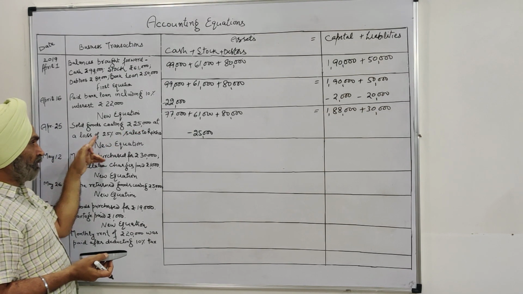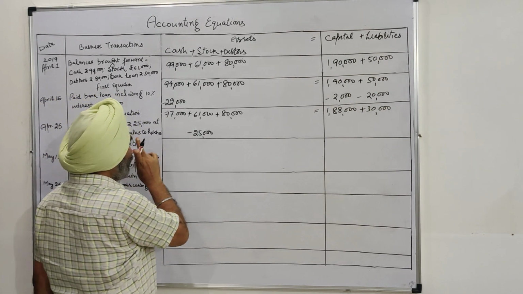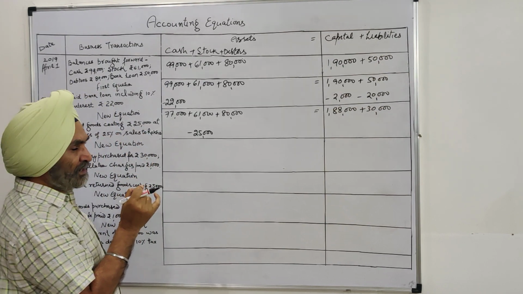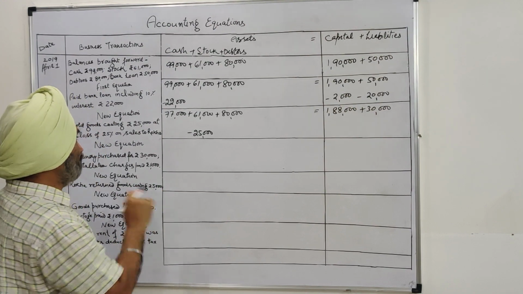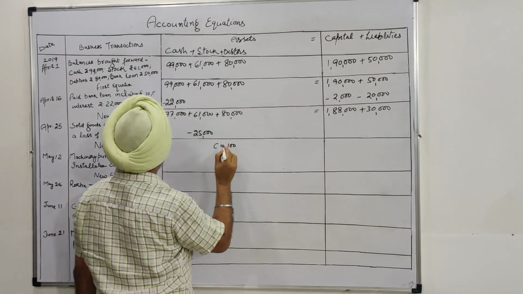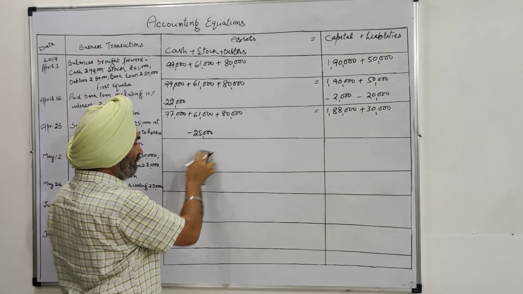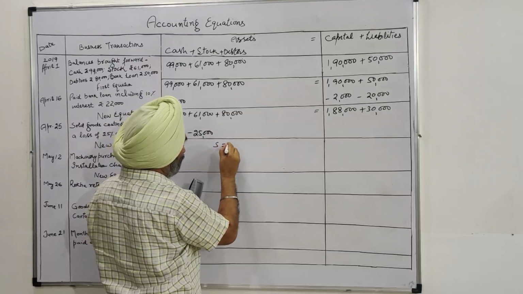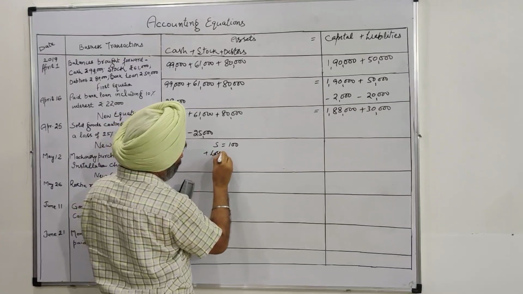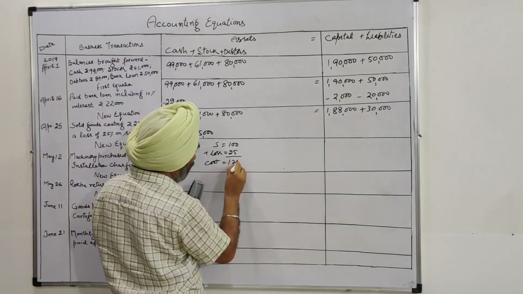So at a loss of 25% on sale, as we had already discussed, if profit or loss is given in percentage, we change it into fraction for the purpose of simplicity. Our cost is given, so cost need not be assumed. We need to assume the sale price. Sale price to be 100, loss 25. It means cost will be 125.